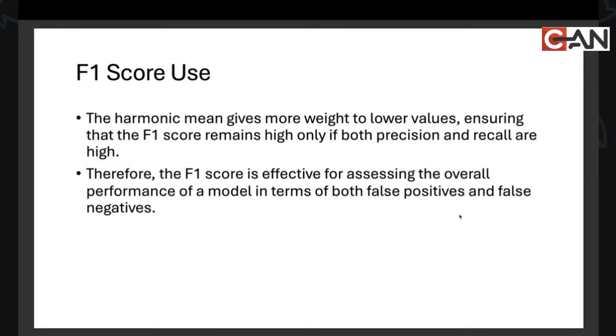So your F1 score will only be high if both your precision and recall are high. If you have high precision but low recall, it's going to weight that appropriately. If you have high recall but low precision, it's going to weight that appropriately. So it provides a tough threshold to be good at.